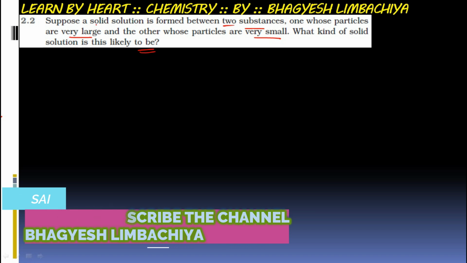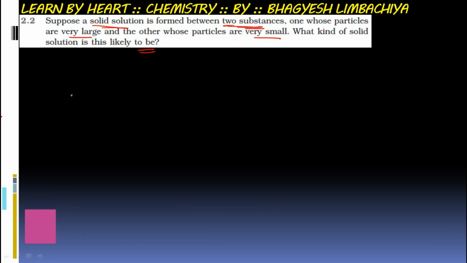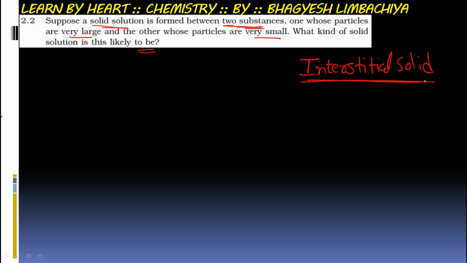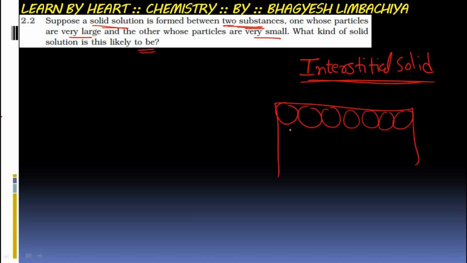See, whenever a solid solution is prepared and both of the substances are solid, generally an interstitial solid is prepared. In this type of solid, the solvent particles have larger size.